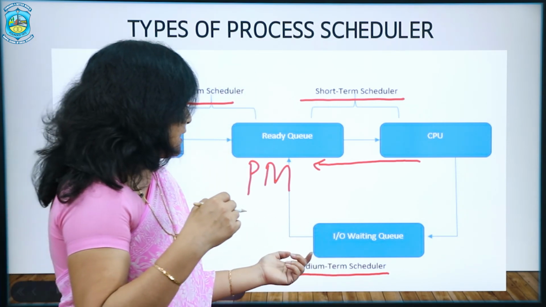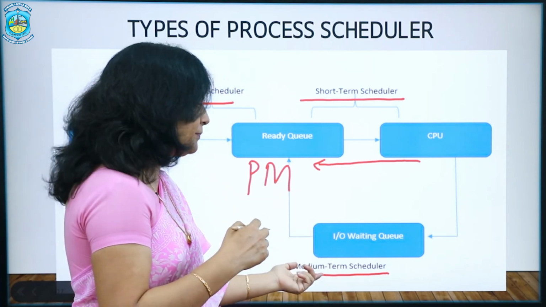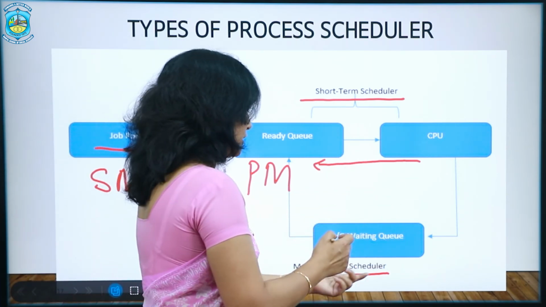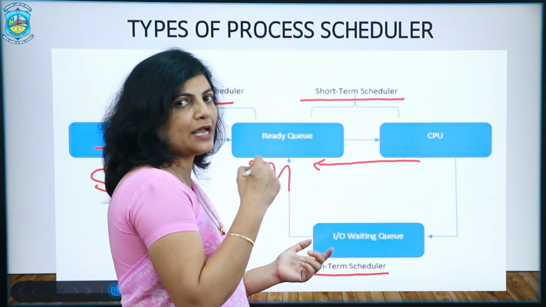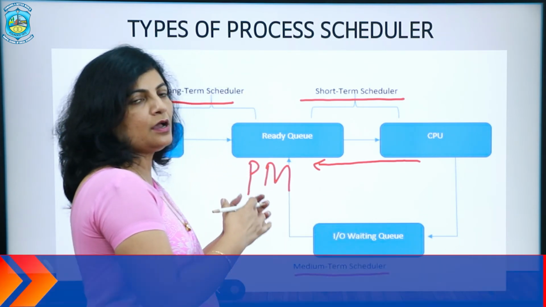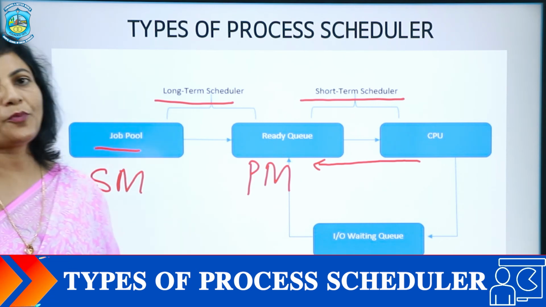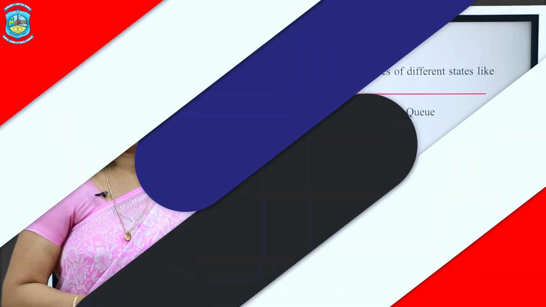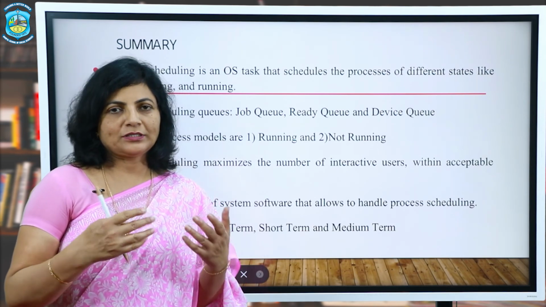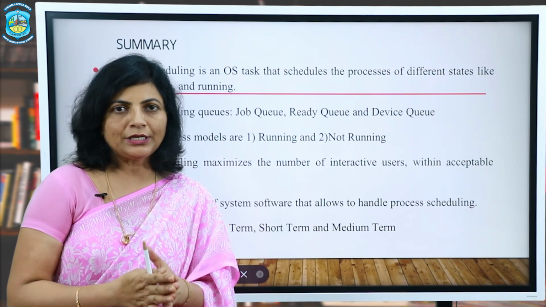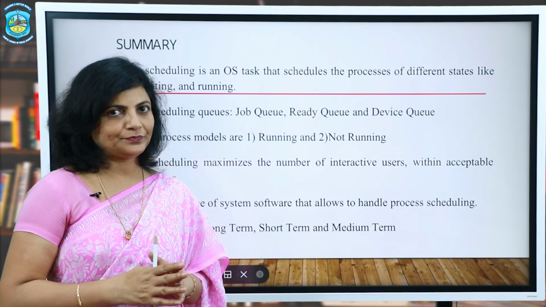An important part of swapping is that the MTS swaps out the processes which are waiting for some devices into the secondary memory. So these are the types of process scheduler. I hope, dear learners, you have understood what process scheduling queues, schedulers and their types are.